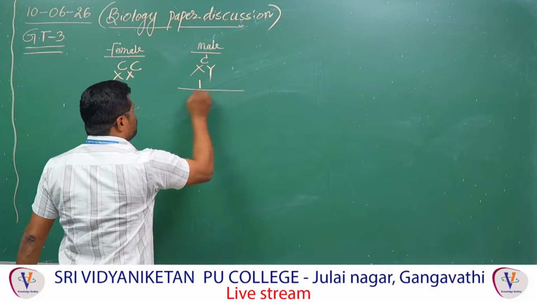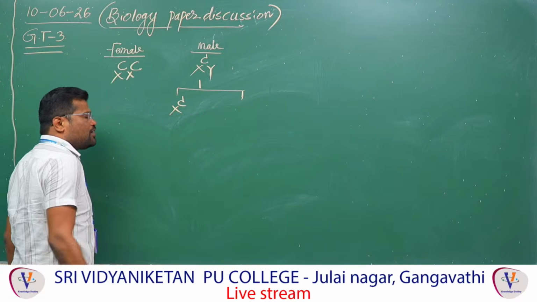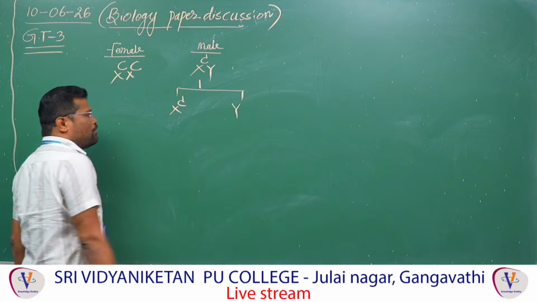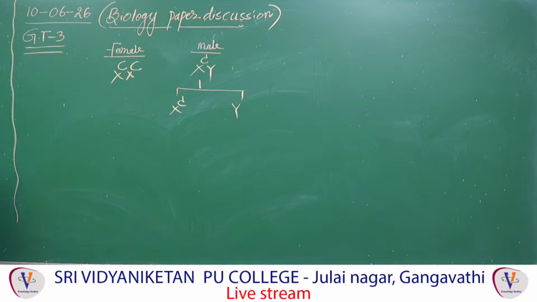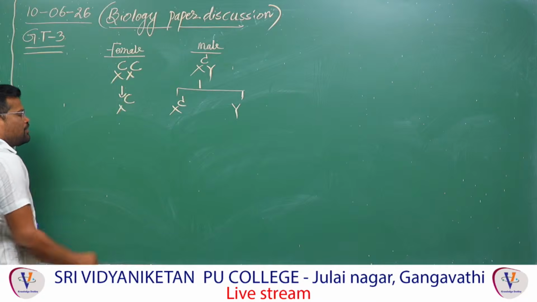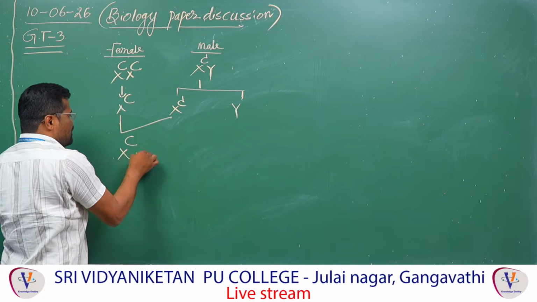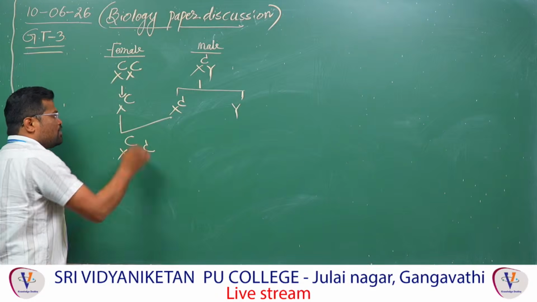The male can produce 2 types of gametes. 50% of gametes contain X small c. The remaining 50% of gametes contain the Y chromosome. The female can produce ova, and all the ova contain a similar X capital C. X capital C versus X small c gives X capital C, X small c.